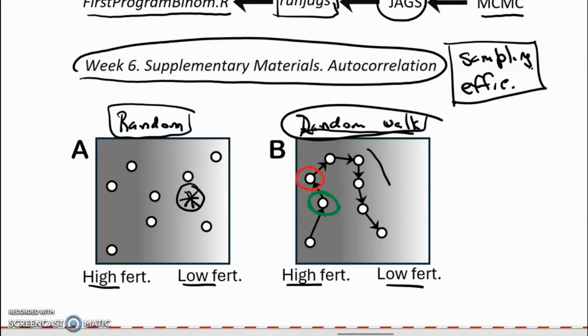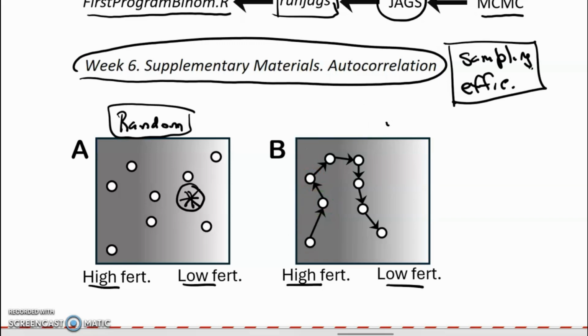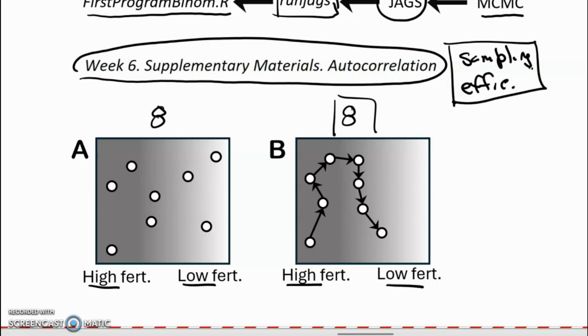You can see what's happening here is that just by chance, because of the constraints imposed by the random walk, the observations have been concentrated on the high fertility part of the field. As a consequence, if we look at both of these fields, we've obtained 8 samples here and 8 samples here. But the effective number of samples, I'm just going to make some numbers up.